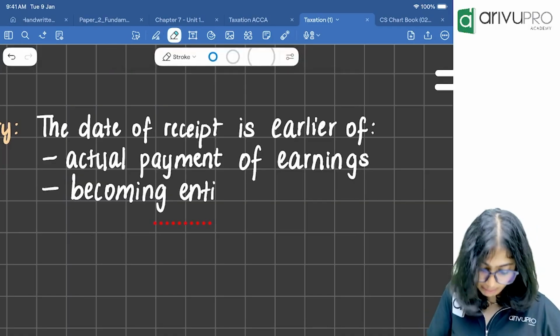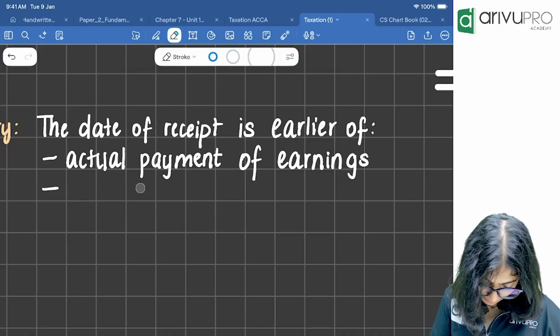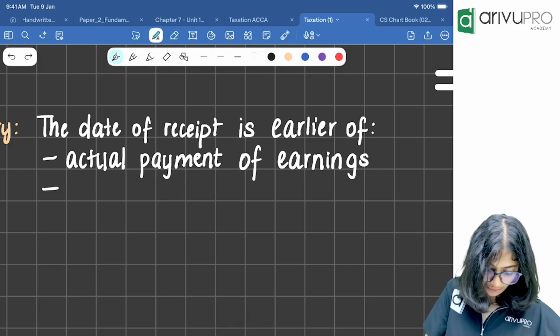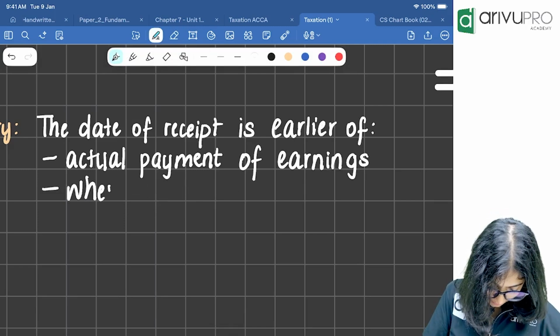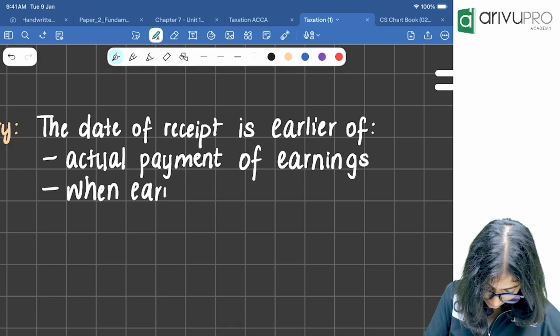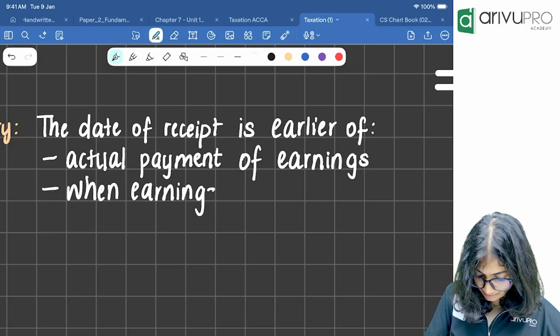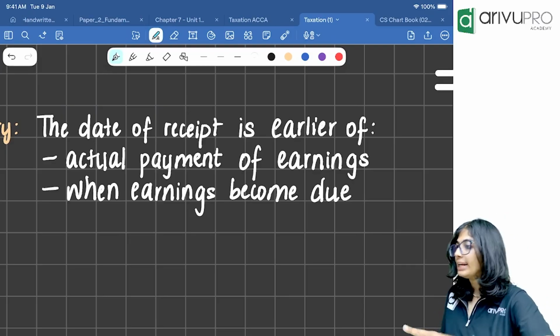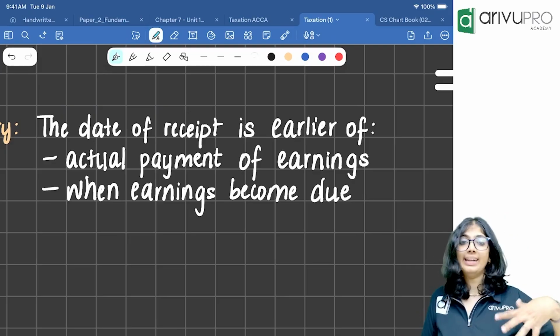Or in simpler words, earlier of when earnings become due. When you get the right to receive the earnings, but you still did not receive it.